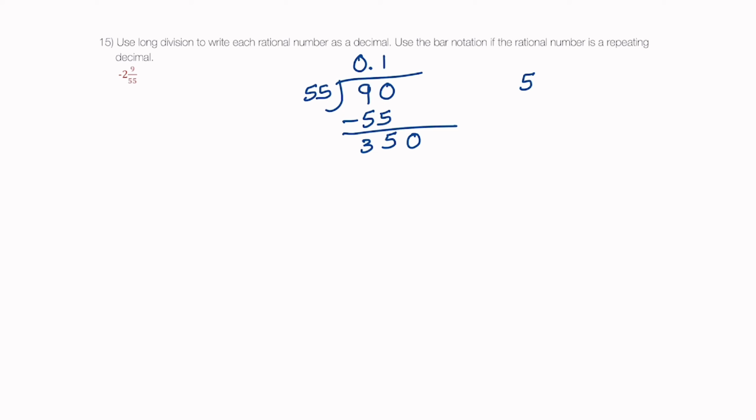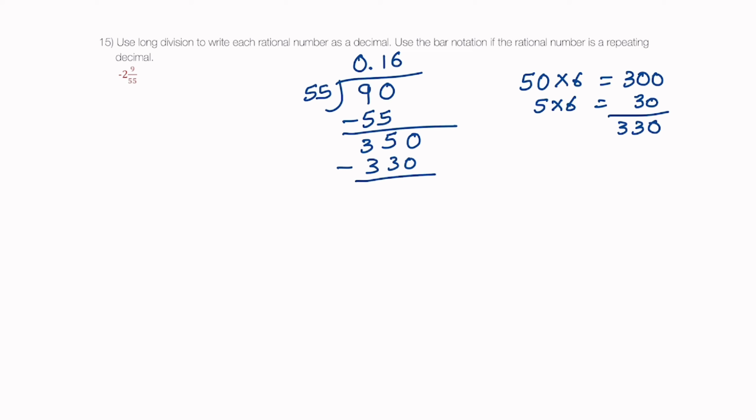We know 5 times 6 is 30. So if it is 50 times 6, it's 300, and 5 times 6 would be 30, making it 330. So we know the next number is 6 over here, and that's 330, giving the remainder of 20. Another 0.